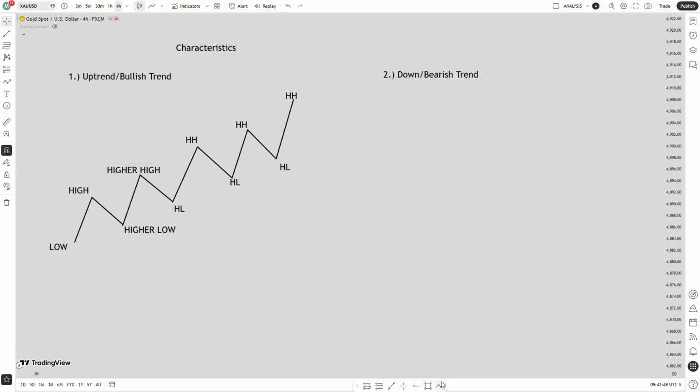For a bearish trend, we have established that the market is going down, and we have agreed that it doesn't just go down in a straight line, it goes down in waves. So like I said, we start from a point, it goes from this point to this point on its journey downward.